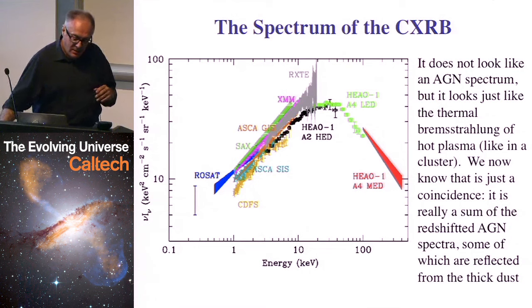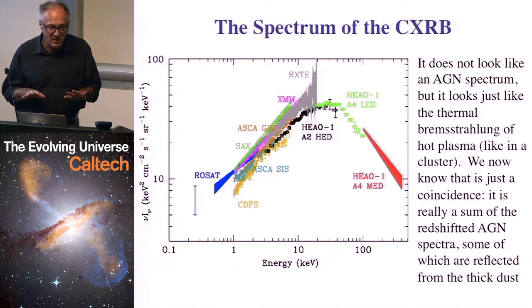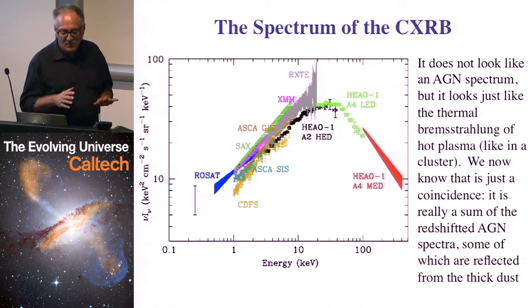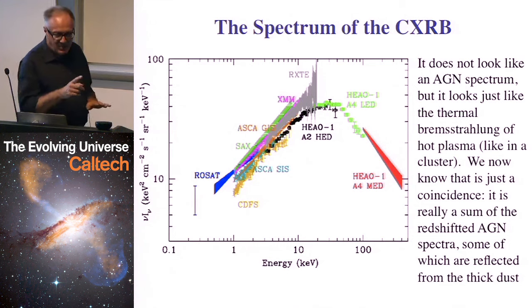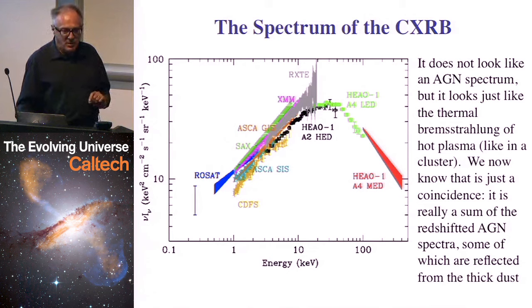And so the answer was, in the end, that this is a combination of X-ray emission you see directly from active nuclei, just as I was telling you earlier, and also reflected X-rays, because remember there is that dusty torus, and so X-rays do go through a lot of stuff, but some fraction of them can be reflected off of dust particles, and that has its own spectrum. So if you have the proper combination of things, you can add up something over all different redshifts to something that looks like this. So now we think that in fact all of the X-ray background is due to a combination of mostly active nuclei with some star formation thrown in.